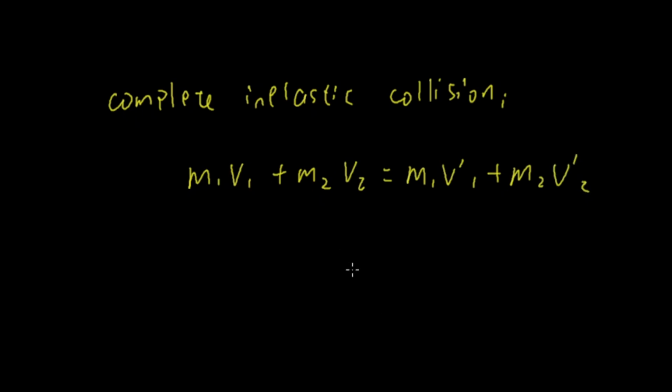Now, when it is a completely inelastic collision, after the collision, both objects will move together. So in that case, v prime 1 is equal to v prime 2, and we can just call that v prime, since both objects will stick together and move together in one direction.